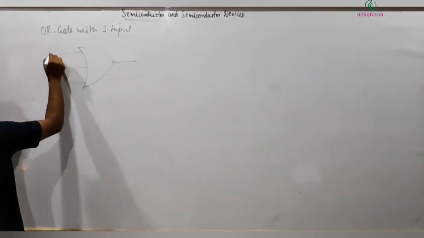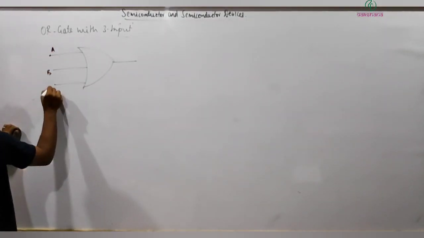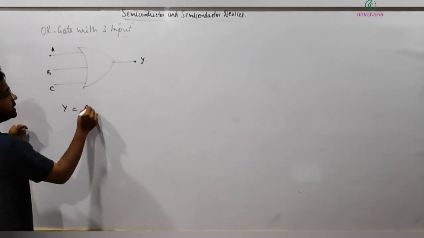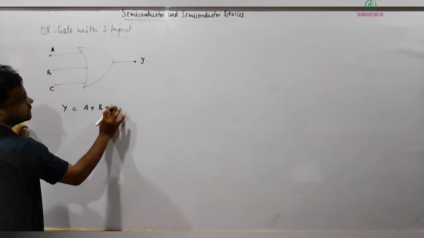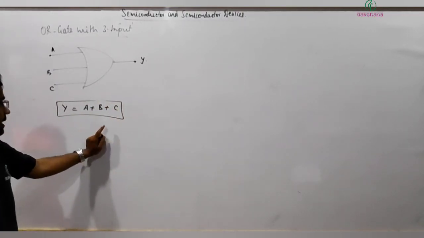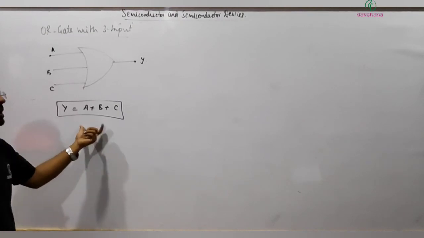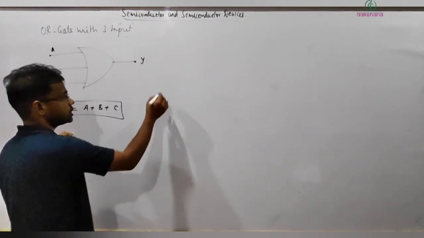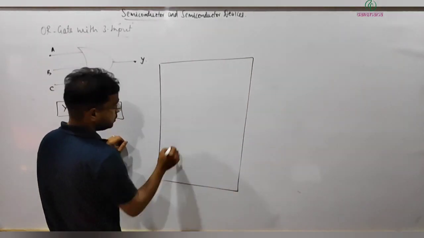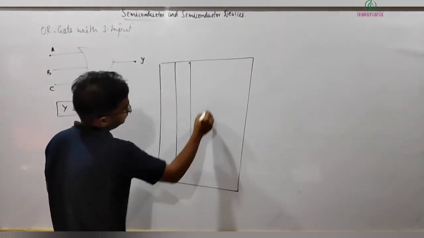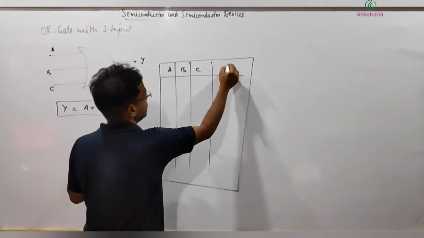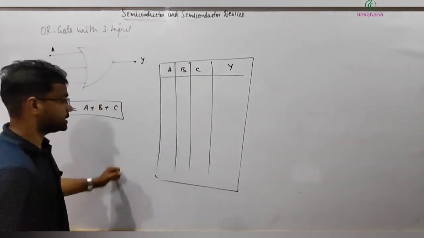So here we have inputs A, B and C, and we are getting output Y. By Boolean algebra it will simply be A + B + C, and whatever possible combinations are given for this, you should be able to answer what the final output will be. If you want the truth table, you can get it also. So here there will be a truth table with A, B, C and output Y.